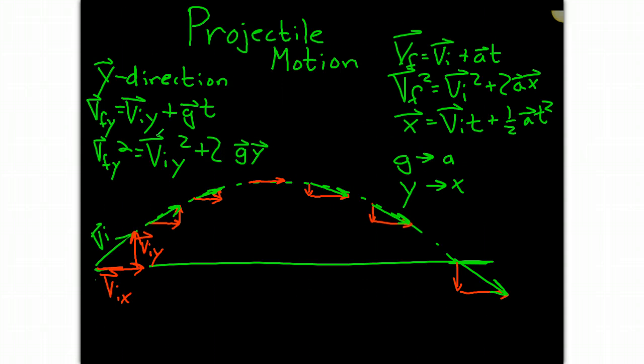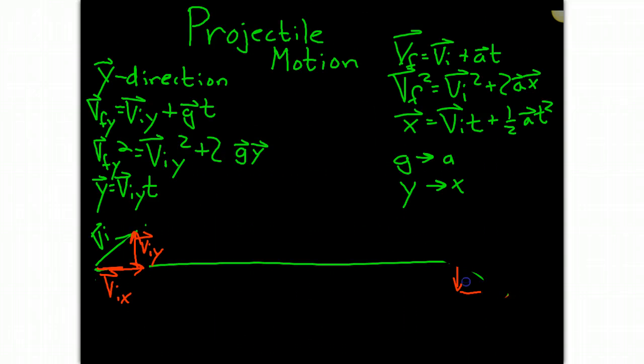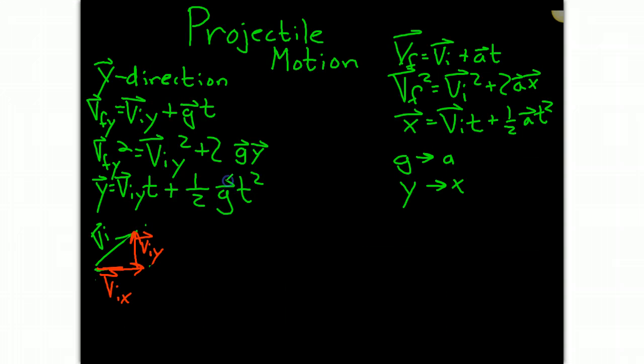And lastly, I might run into this a little bit, y equals Viy t plus 1/2 gt squared. So those are my equations for the y direction.